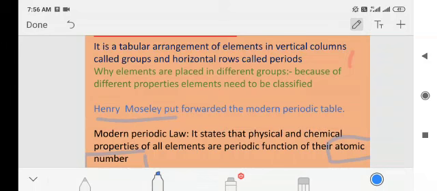And elements are placed in different groups because of their different properties. And here is the modern periodic law. Modern periodic law states that the physical and chemical properties of all elements are a periodic function of their atomic number. You need to learn this definition by heart.